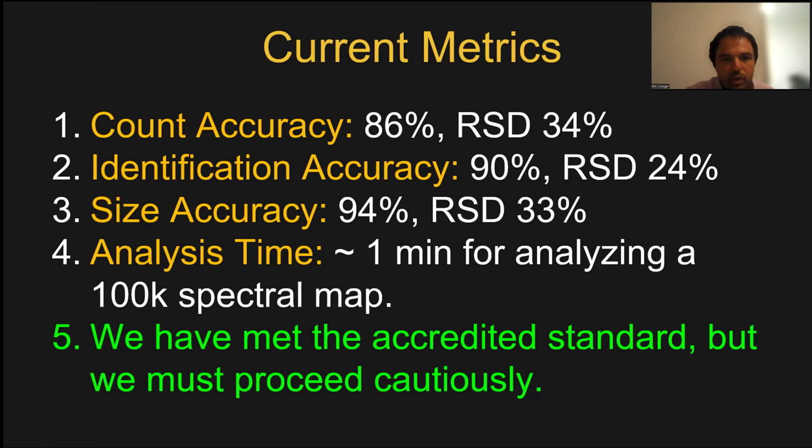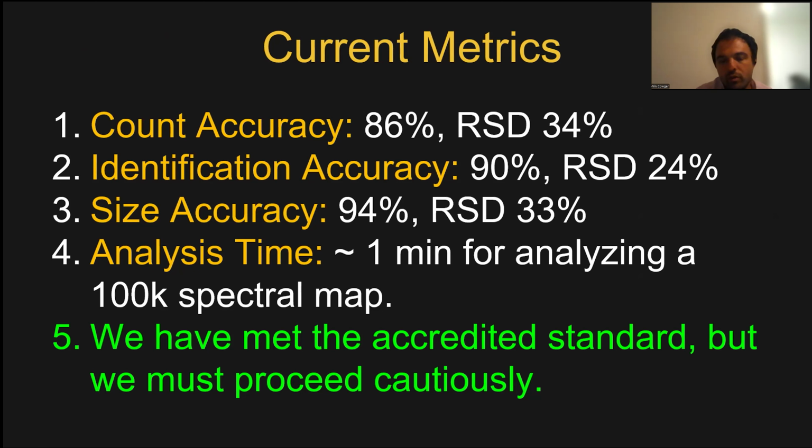The identification accuracy for material type was 90%. For size accuracy, we had a little bit of an underestimation on the particle sizes. And we were able to analyze a whole 100,000 spectral map in under a minute with a typical laptop computer. So we felt like that was a good threshold to meet.